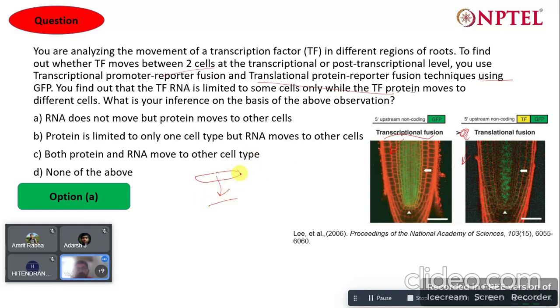So if there is a plant at stage A of its development, initially we have introduced a gene that is fused with a GFP reporter, and this gene only expresses when it's in developmental stage A. So when the plant grows, this protein will form along with the GFP, and it will show some signal. That's how we can study that this protein is expressed in that particular stage.